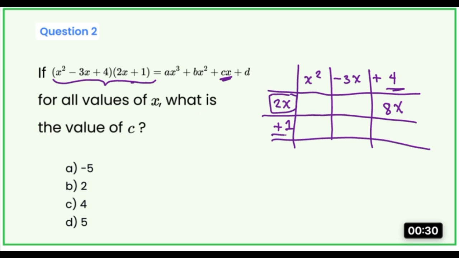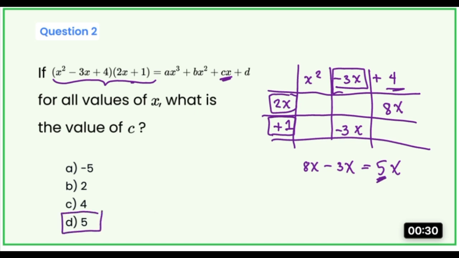And the other one is 1 multiplied by negative 3x, which is negative 3x. And then we have 8x minus 3x, which is equal to 5x. So that means the value of c is just 5. So our answer here is letter D.